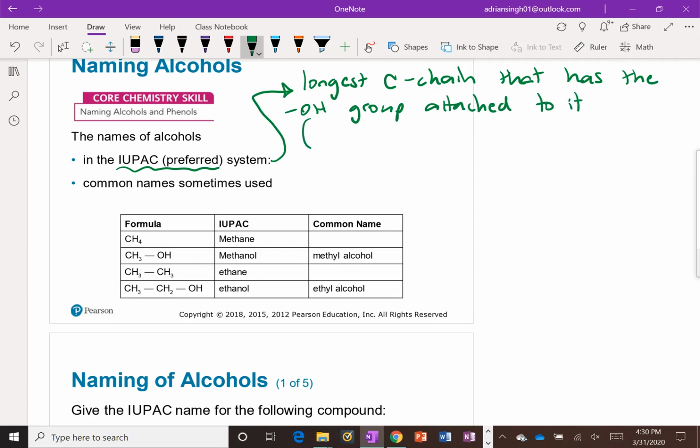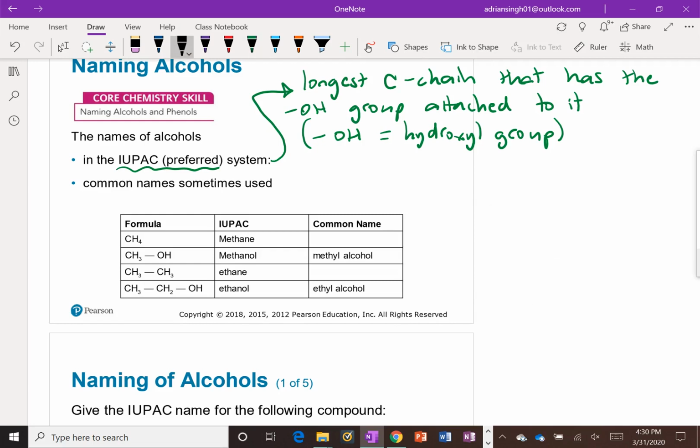Just a little bit of a clarification. The OH that we look for that tells us something is an alcohol is actually called a hydroxyl group, right? And the presence of that hydroxyl group tells you that it's an alcohol. So we want to get the longest continuous carbon chain that has the OH group attached to it.